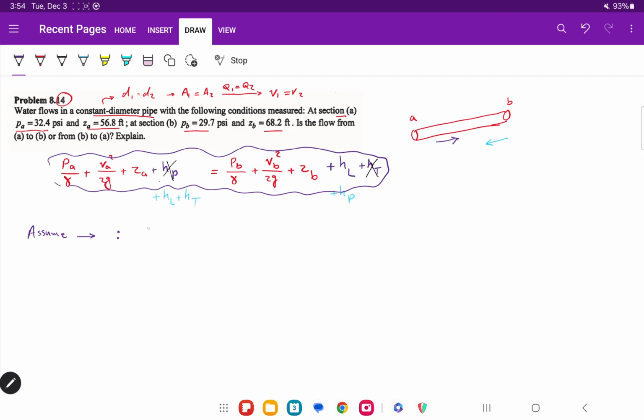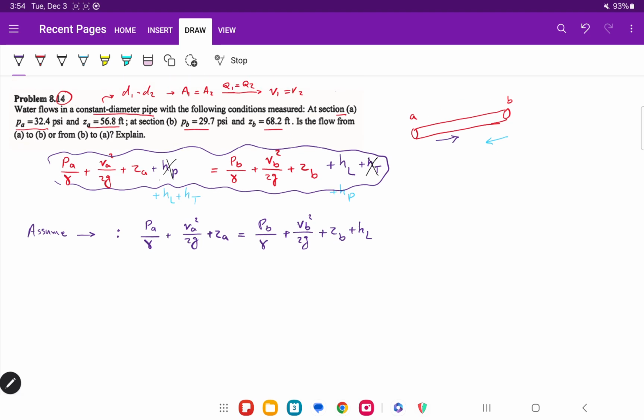So what we have is PA over gamma plus VA square over 2g plus ZA equals PB over gamma plus VB square over 2g plus ZB plus HL.